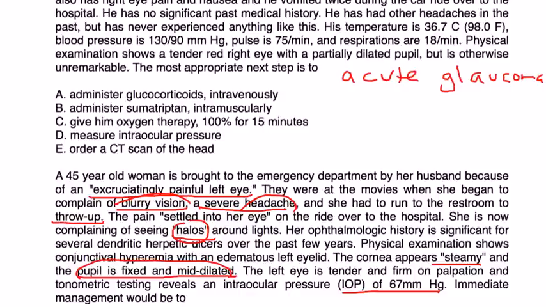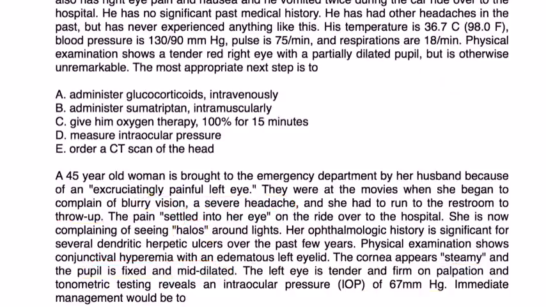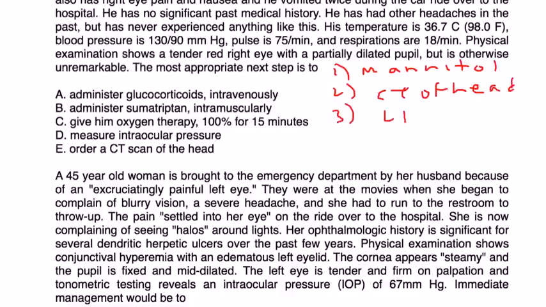So what they're asking for is how would you manage this? Now, I'll put in the answer choices for you that seem to have mysteriously disappeared. The answer choices are mannitol, CT of the head, lumbar puncture, iridotomy, which is a surgical procedure, and steroids.